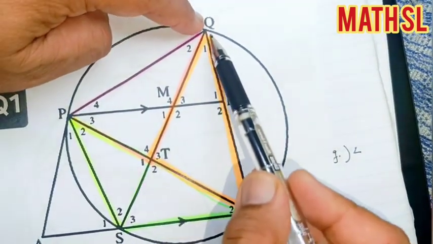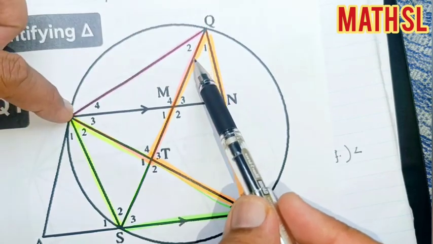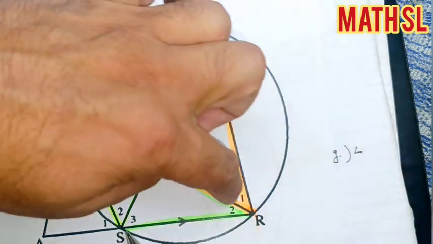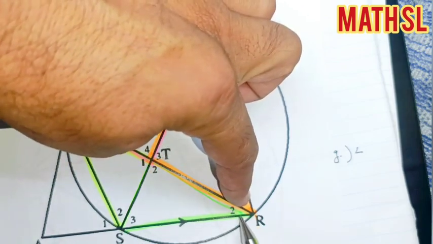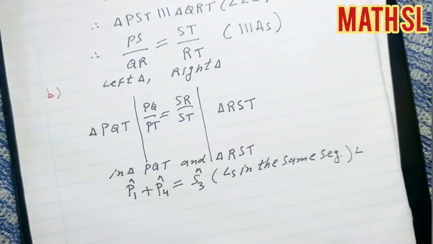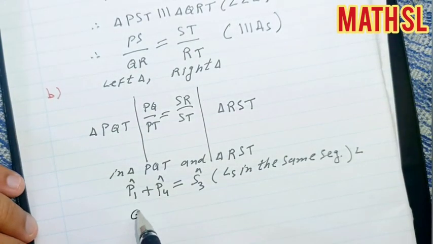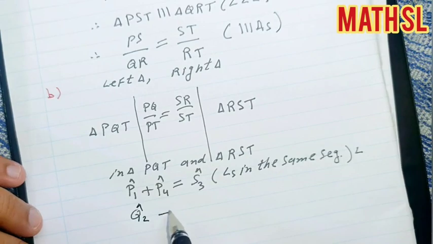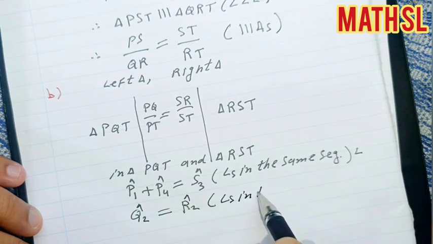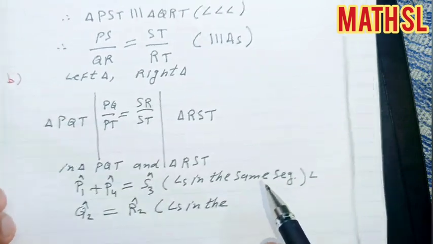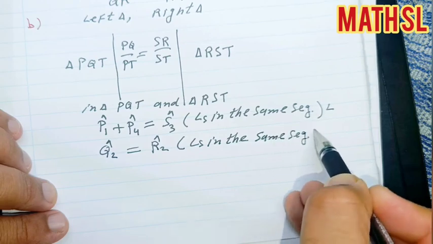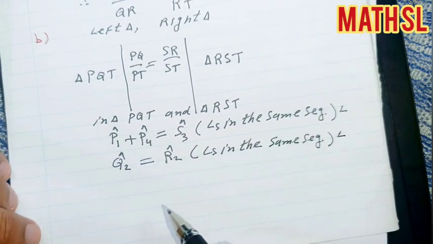Have a look: chord PS, forming another angle at R2, angle in the same segment. So angle Q2 is equal to angle R2. The reason is angles in the same segment. This is my second angle.